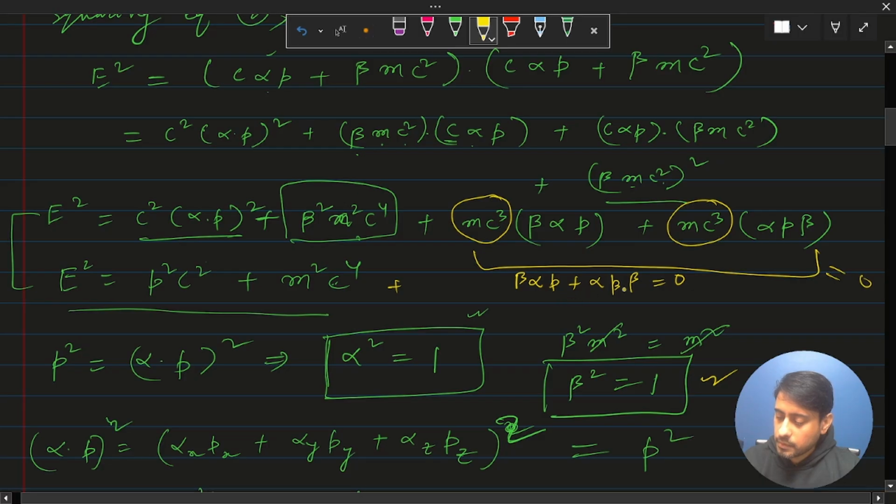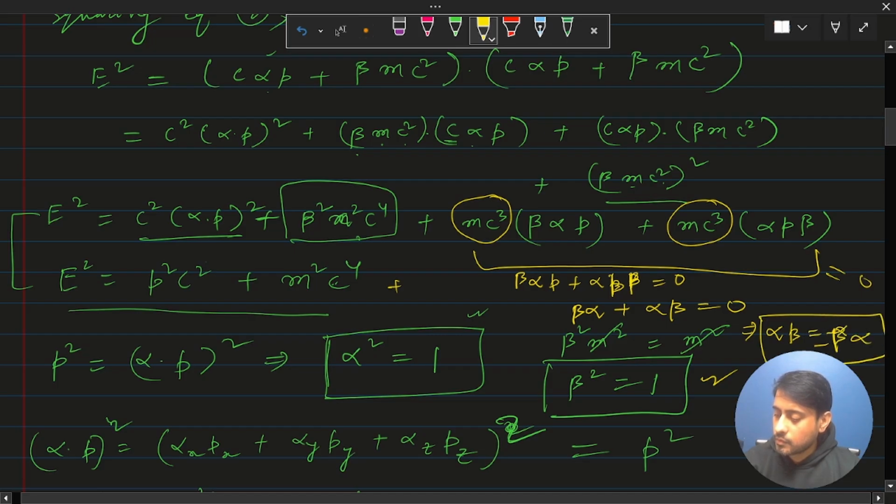We can take out p as p beta, not beta beta. Sorry, this is p into beta. So take out p as common, and then you have beta into alpha plus alpha into beta equals 0, and you have alpha beta is equal to minus beta alpha.